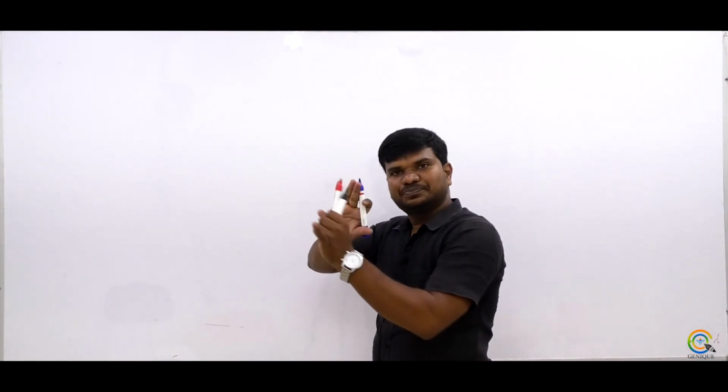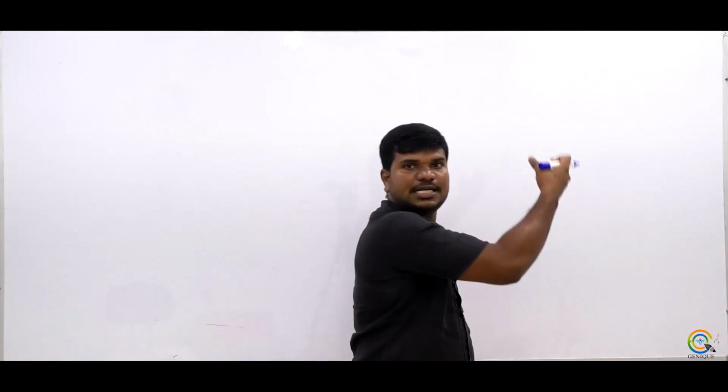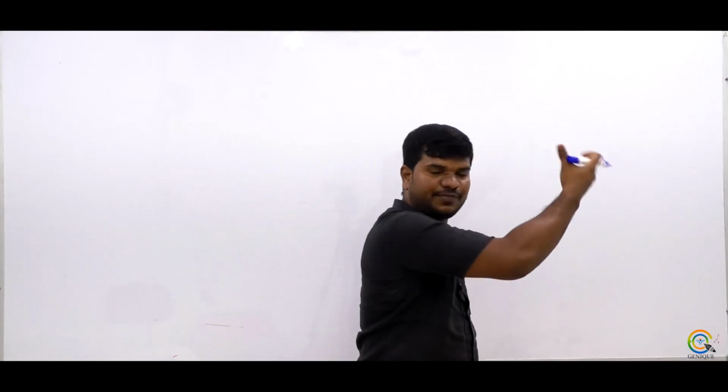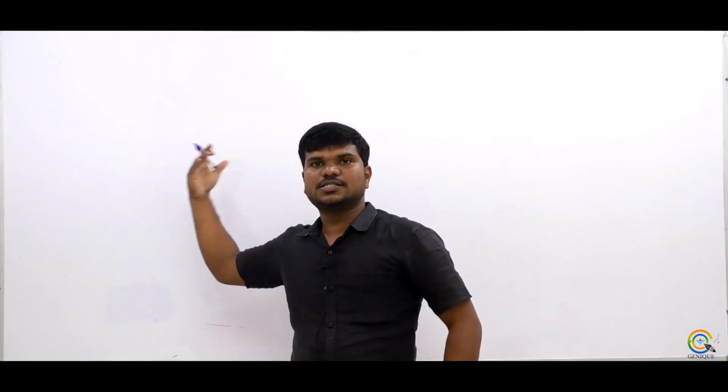So the total analysis will be different here. But we will use the results we got in the electric fields. By comparing with the electric fields, we can get the results of the magnetic fields also. That's why the comparison is very important, and it is very easy for you to analyze the subject.